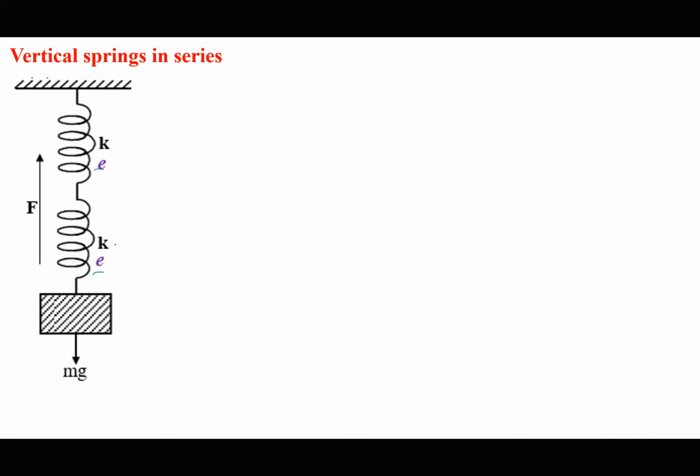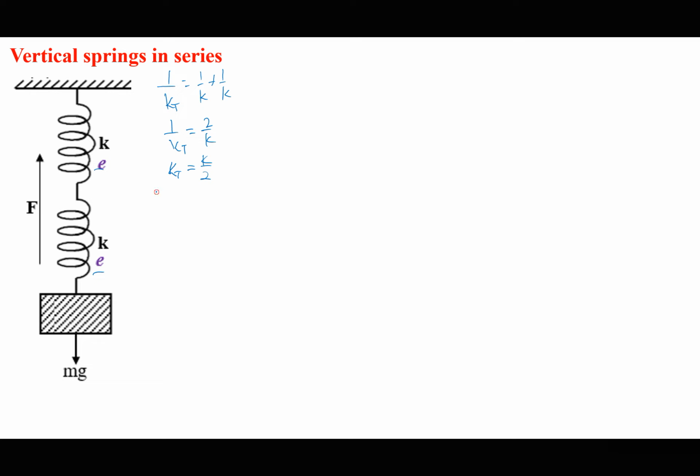For springs in series, 1 over total constant is equal to 1 over k plus 1 over k. So 1 over total constant is equal to 2 over k, which means the total constant for springs in series is going to be k divided by 2.